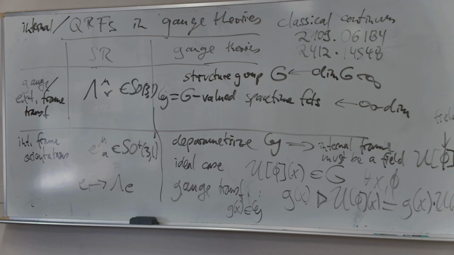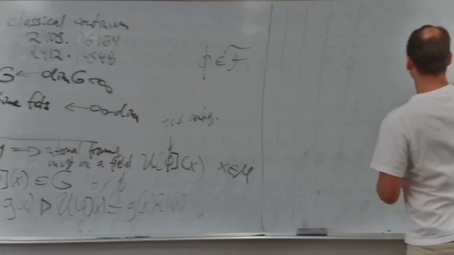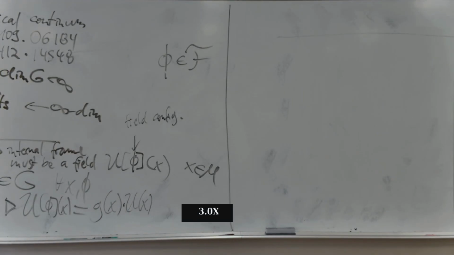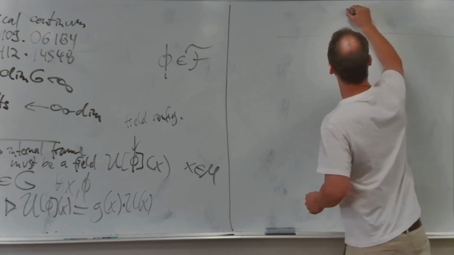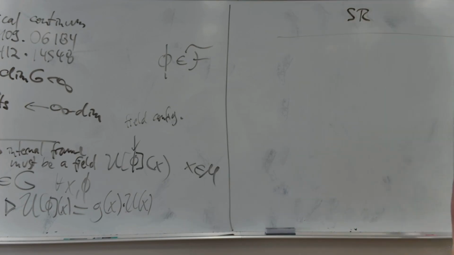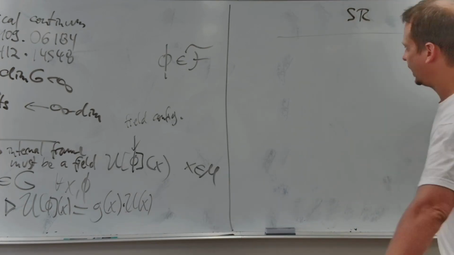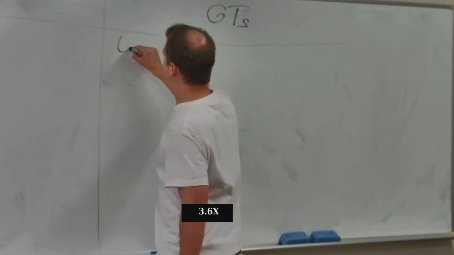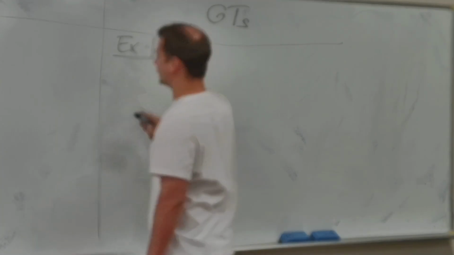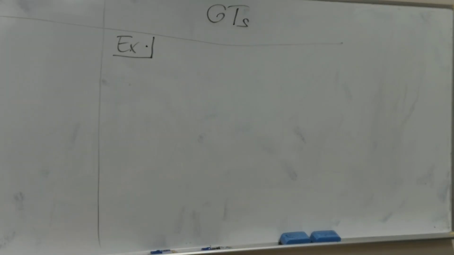And now, maybe let me just give you immediately an example. In gauge theories, the simplest one probably is Wilson lines.